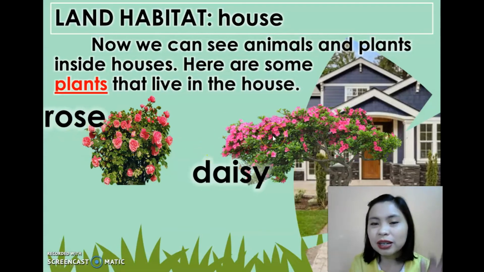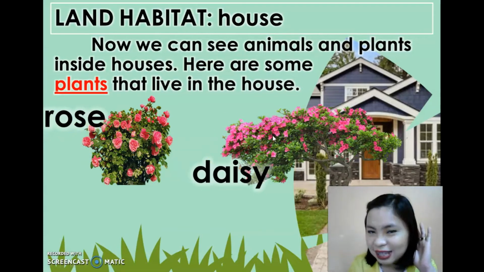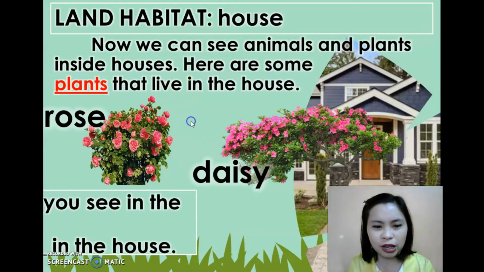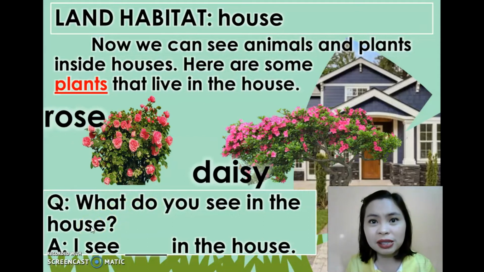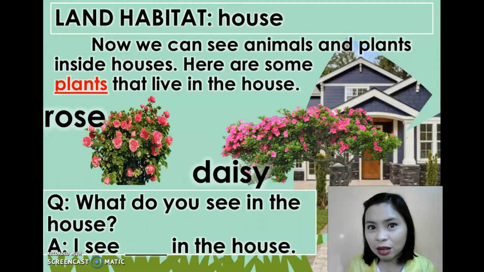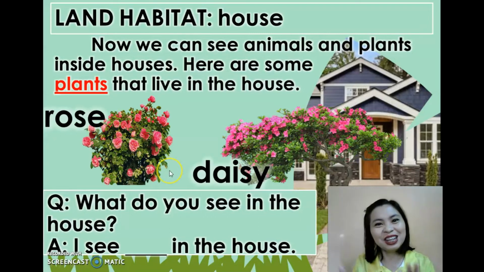How about this one? Daisy. Question. What do you see in the house? Or what plants do you see in the house? Example, this one. I see a rose in the house. Great.